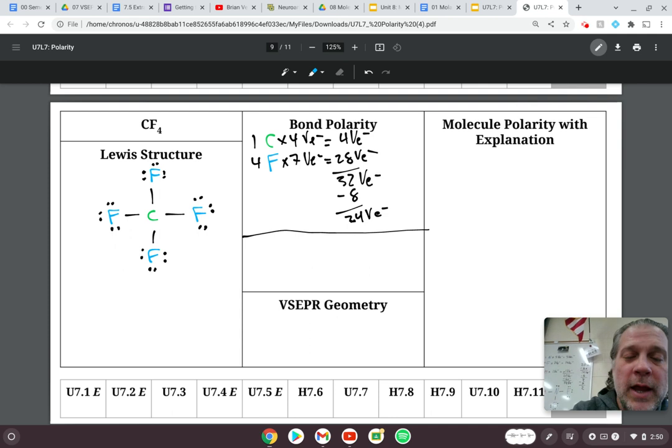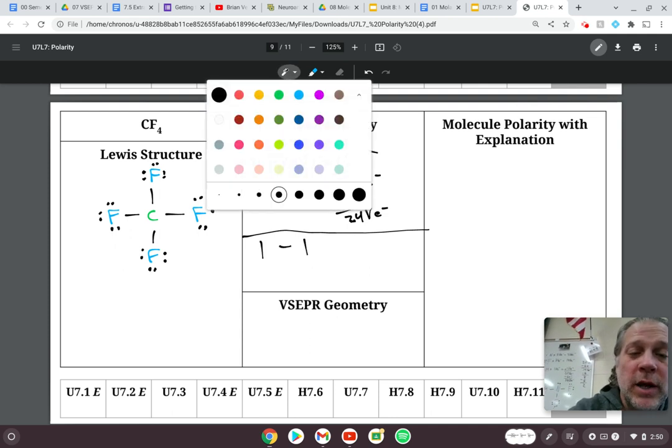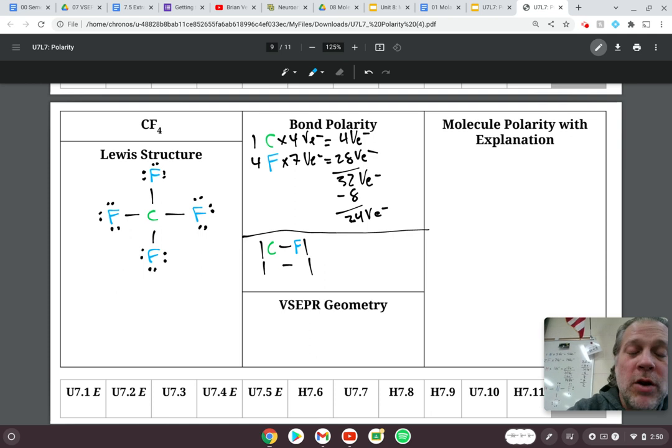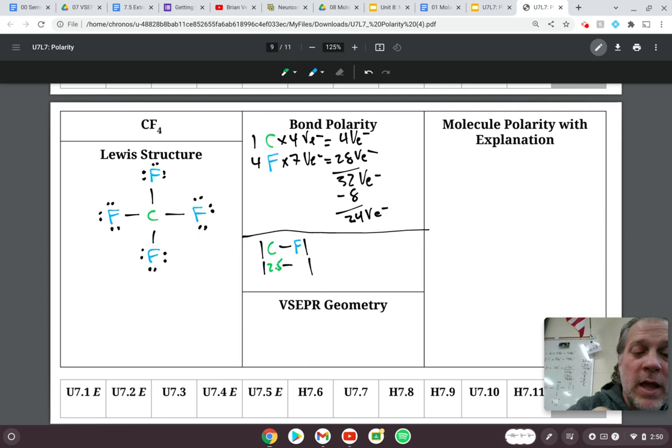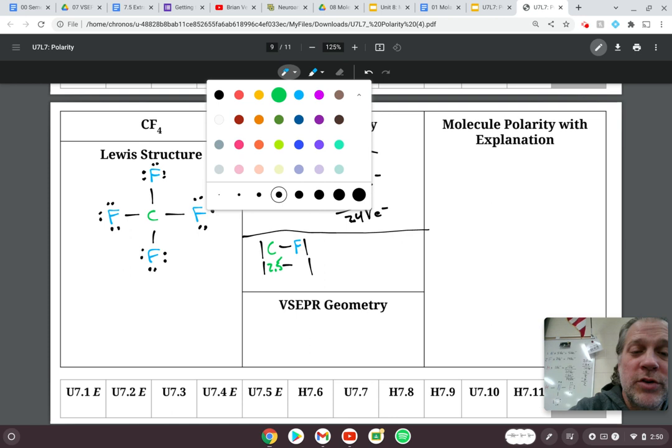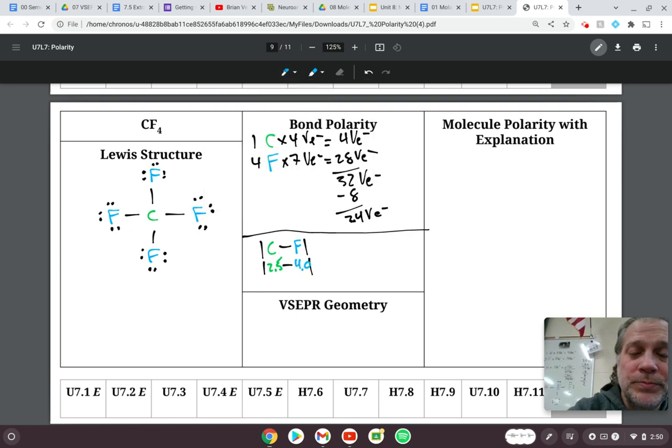I need to go ahead and identify the type of bond that's present here. So we're looking at the relationship between carbon and fluorine. So I know from the periodic table that carbon has an electronegativity of 2.5 and fluorine has an electronegativity of 4.0. And when I subtract that, I get 1.5. So I know that my bonds are all polar bonds.